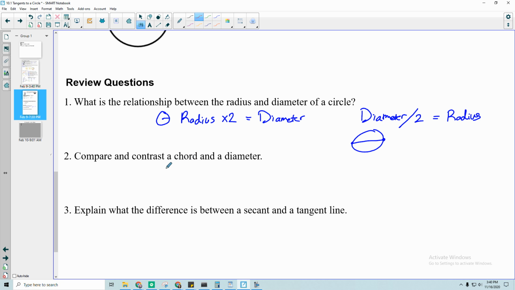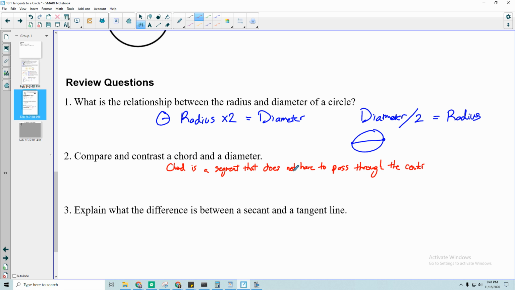Okay, so a chord is a segment that does not have to pass through the center.